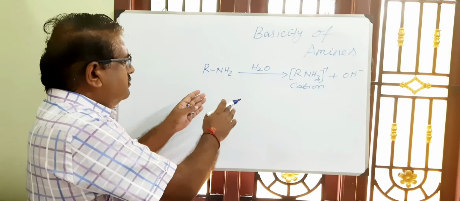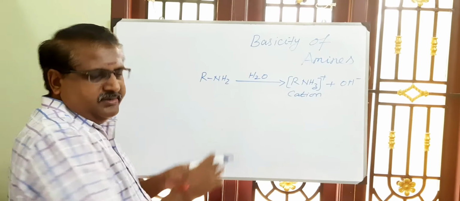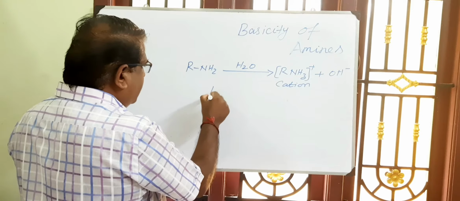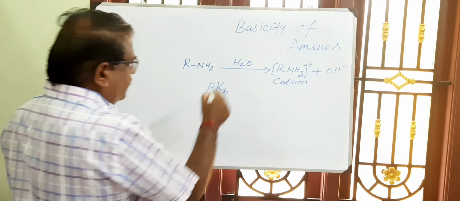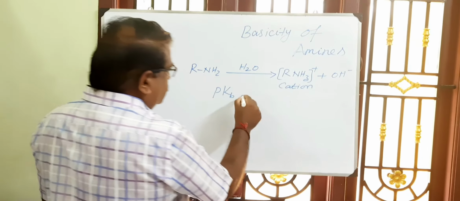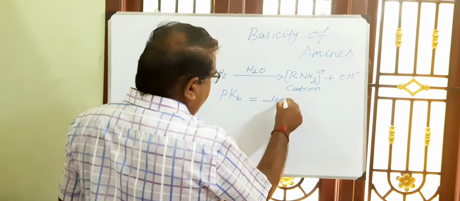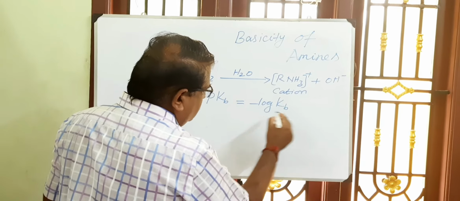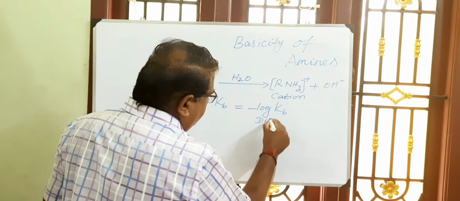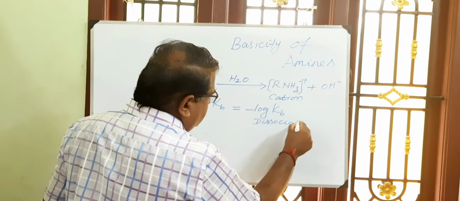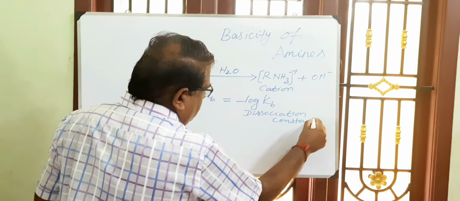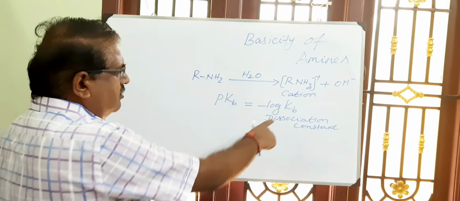The basicity strength of amines is generally expressed by pKb. pKb is equal to minus logarithm of Kb. Kb is the dissociation constant of the amine.